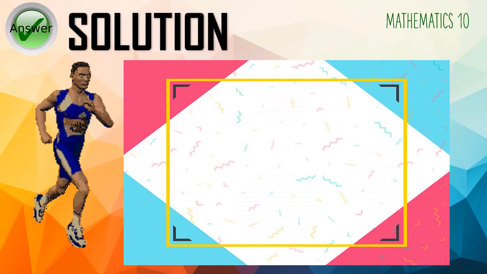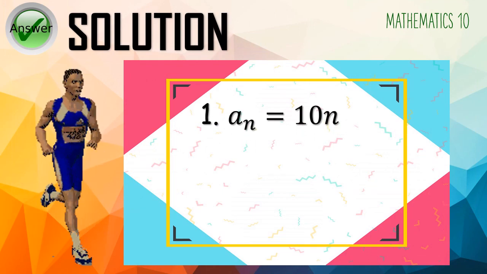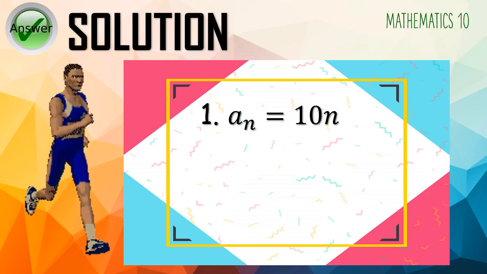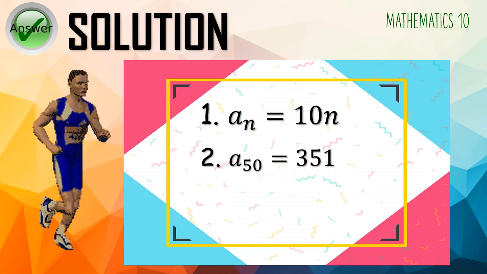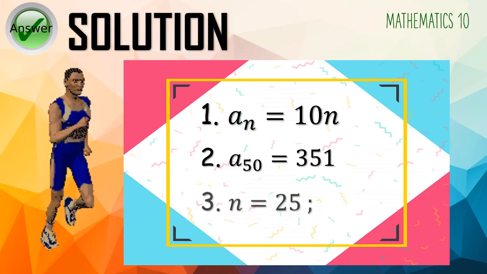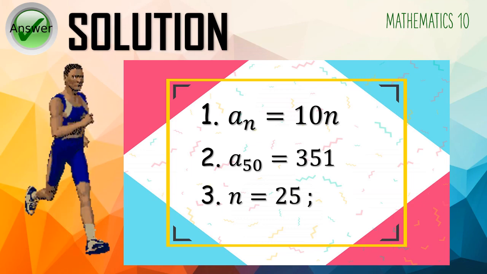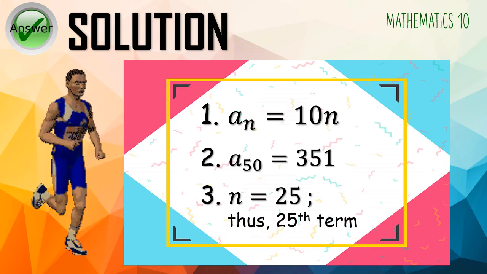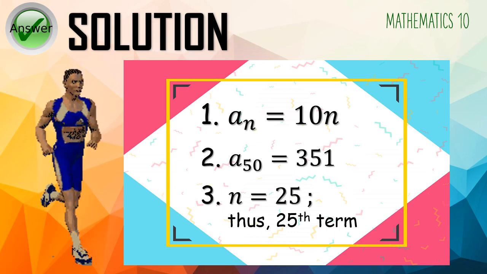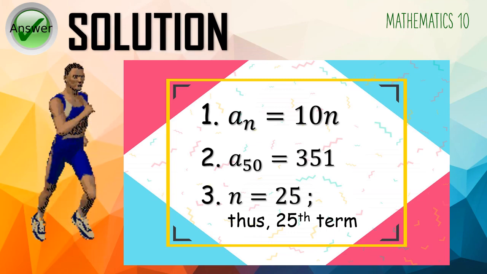So here's the answer for number 1. We have the general term or the nth term: a sub n equals 10n. For number 2, a sub 50 or the 50th term is 351. And for number 3, n equals 25, therefore, the 25th term is what you are looking for. So that's it.